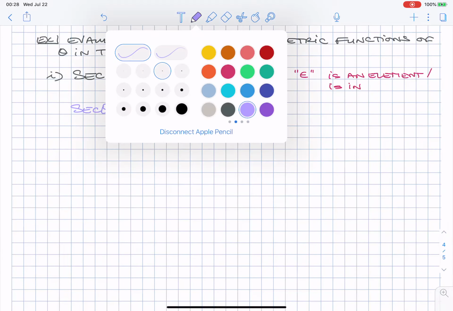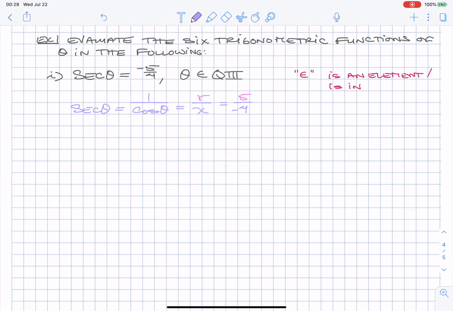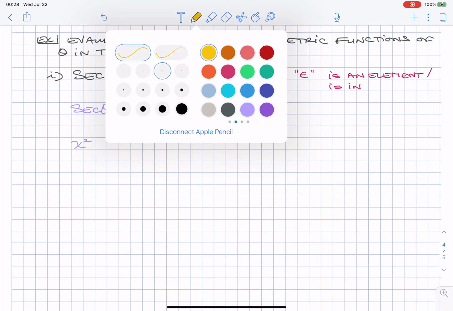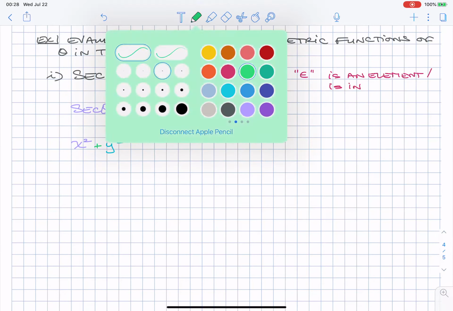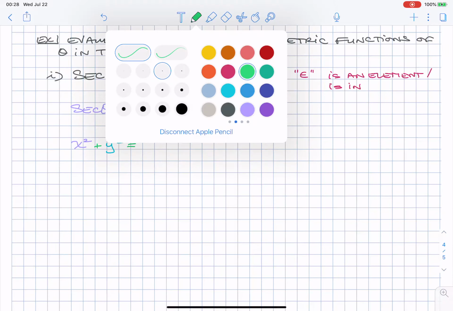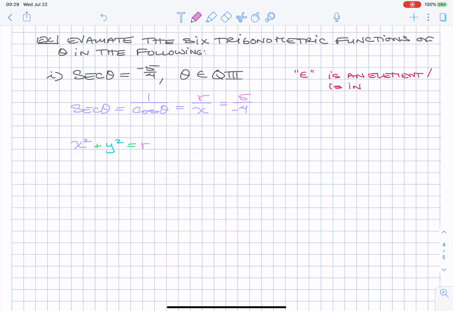Okay, I also know that x squared plus y squared is equal to r squared. So I can solve for y. So this will be quantity -4 squared.